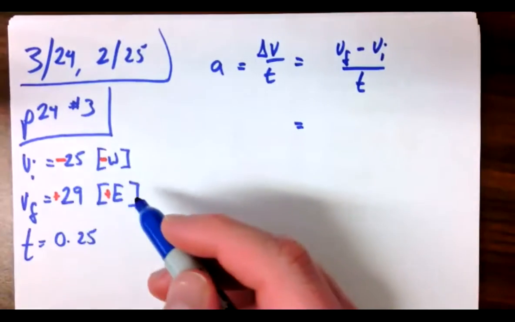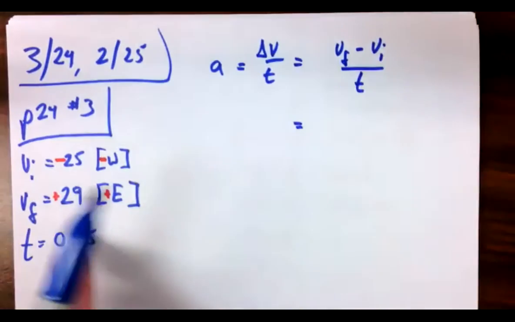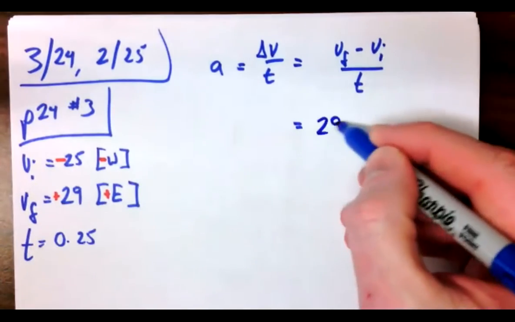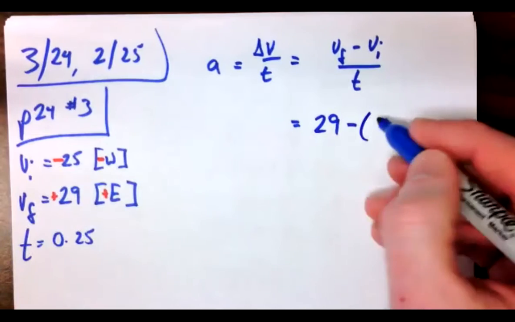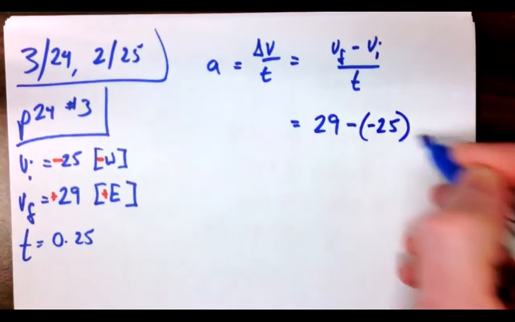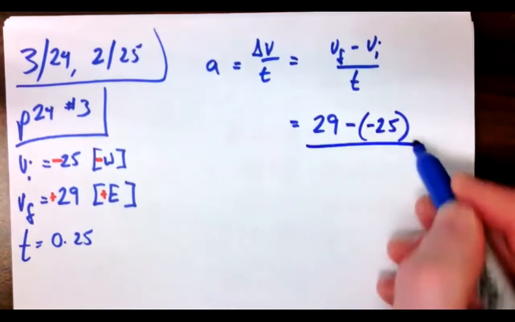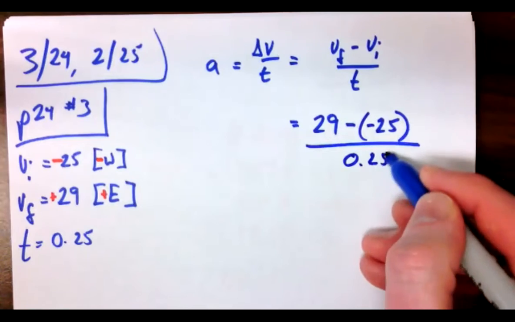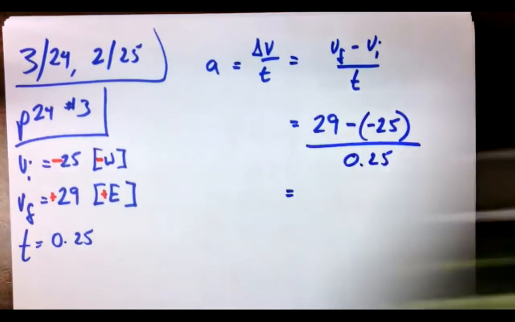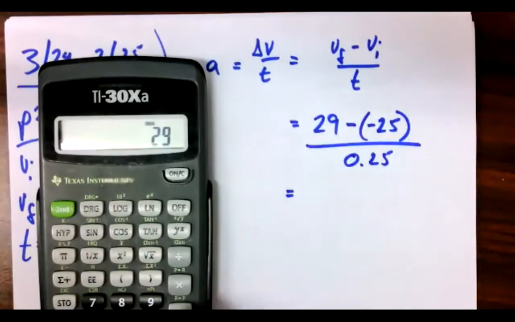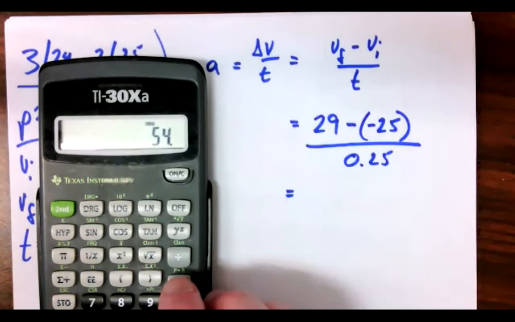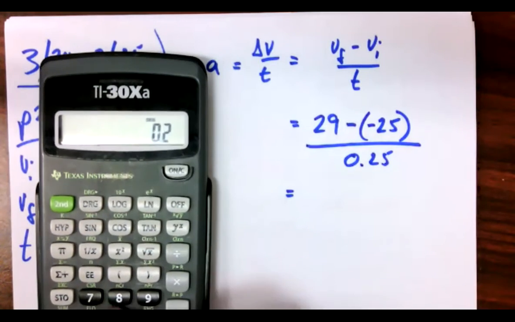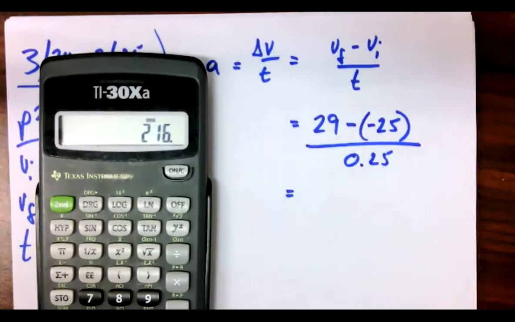But this is just more conventional. So final velocity is positive 29 minus initial velocity is negative 25. So it's 29 minus negative 25. This is why signs are important. Over 0.25. So 29 minus a negative is 29 plus 25, which is 54 divided by 0.25, 216.